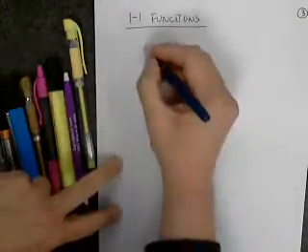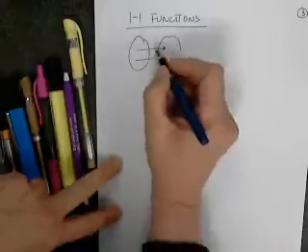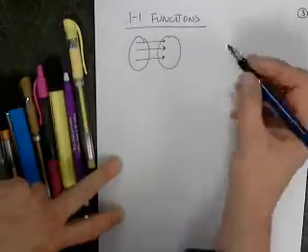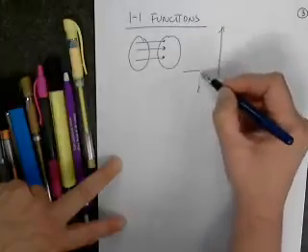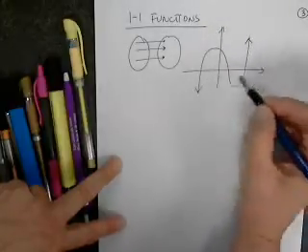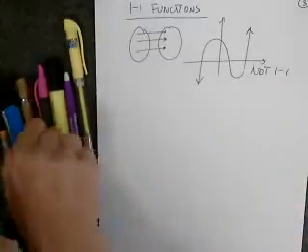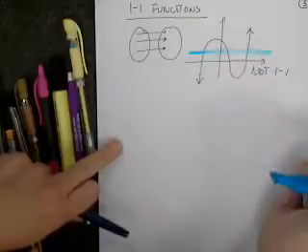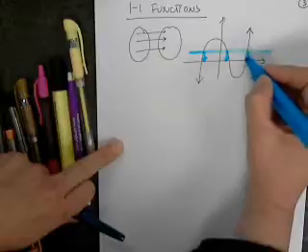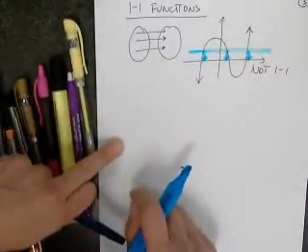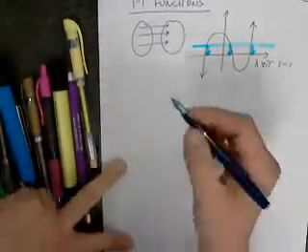So a one-to-one function will look like this in bubbles. And in graph will look not like this. This is not one-to-one. Why? By the horizontal line test, this function for a particular y has 3 different x's. More than one, anyway. So here's a function that is one-to-one.